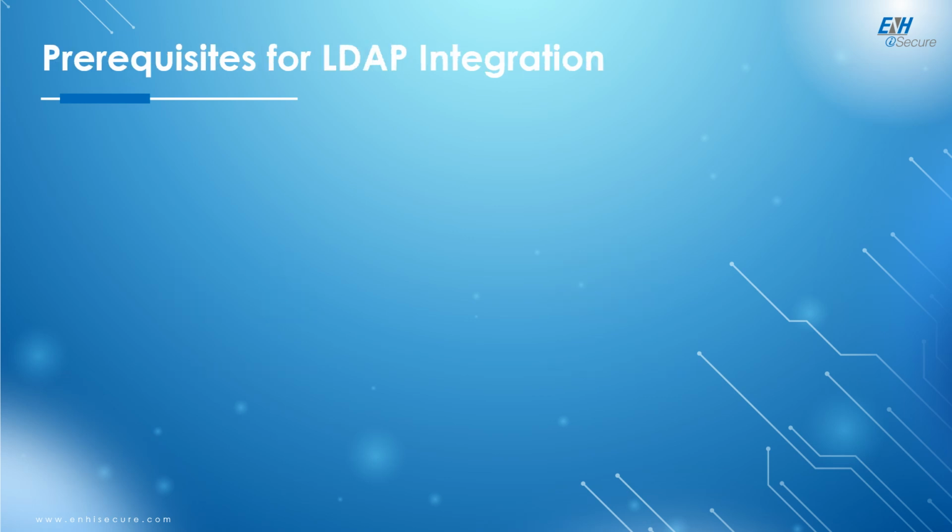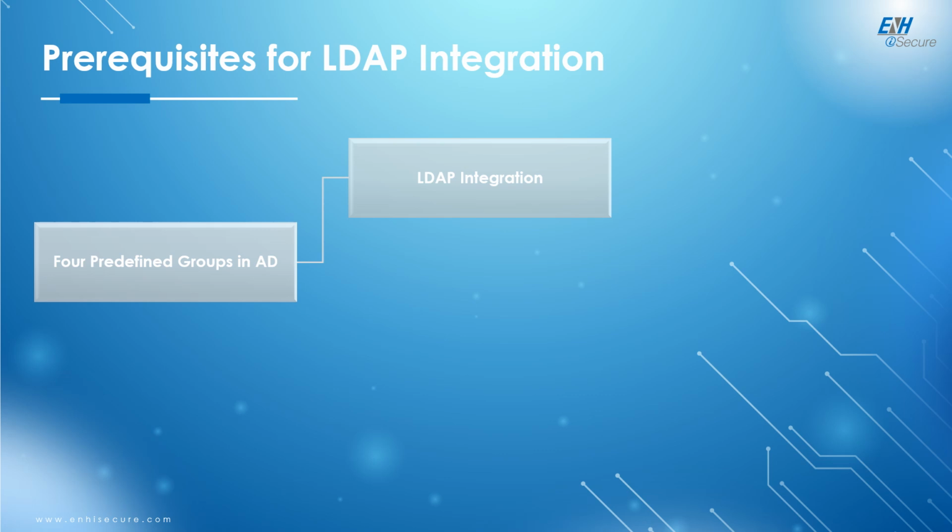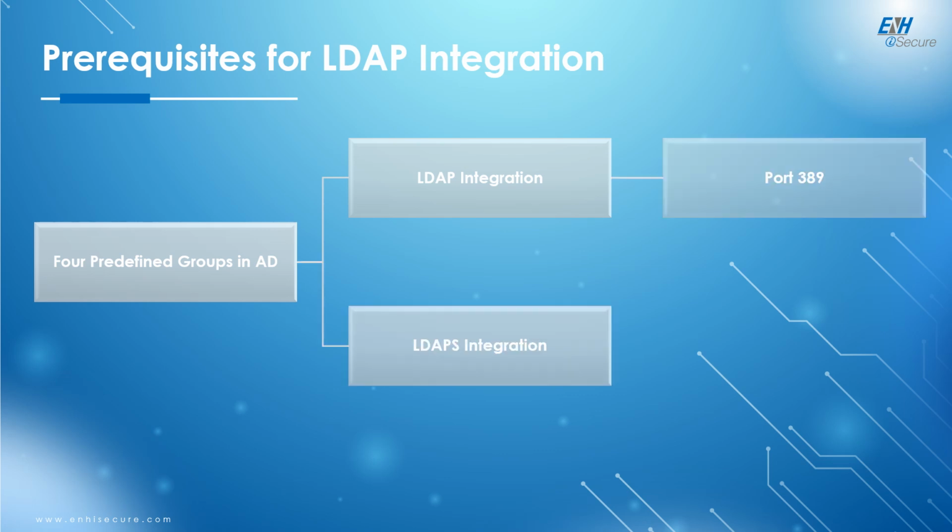Prerequisites for LDAP integration. The prerequisites for LDAP integration include identifying the groups and the users that we need to be integrated in CyberArk. LDAP integration can be configured in two ways: LDAP integration or LDAP-S integration. If LDAP is selected, port 389 must be open between the domain controller and the vault server.